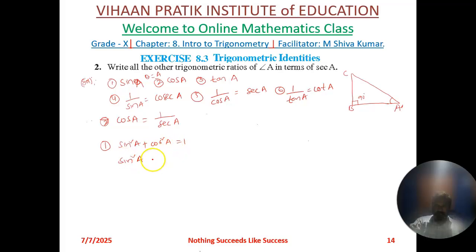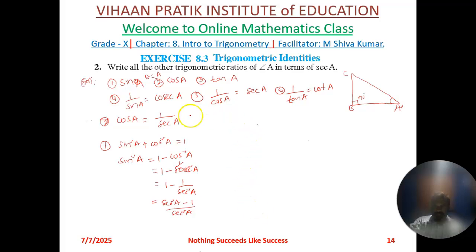Subtracting cos square A on both sides, we'll get sin square A equals 1 minus cos square A. Now taking reciprocal of cos square A, we'll get 1 by secant square A, so it equals 1 minus 1 by secant square A. Now taking LCM, we'll get secant square A minus 1 divided by secant square A.